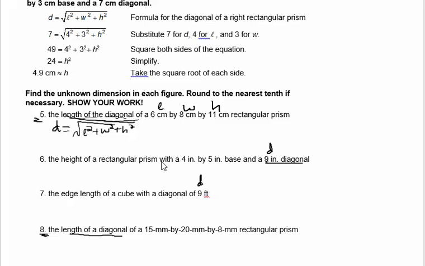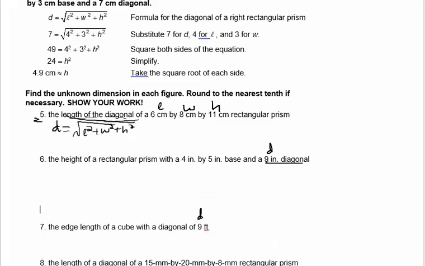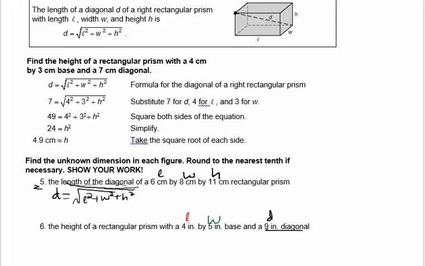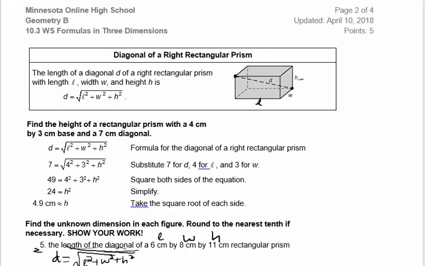So in number 6, we're looking for the height of a rectangular prism, and then they give us the length and the width of the base. So I'll call this the length, and I'll call this the width, and they also give us the diagonal length. So what we're looking for is the height in this picture in number 6.